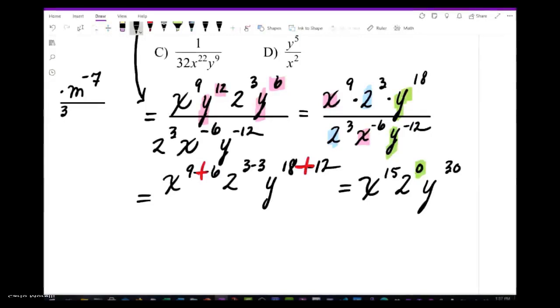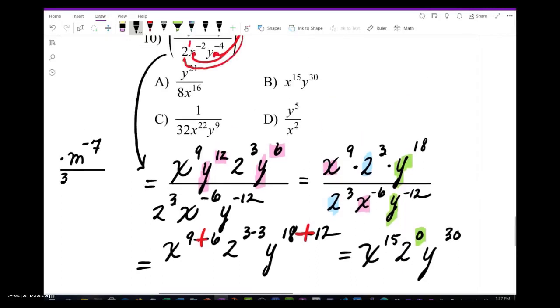Okay, so what happens when you have something raised to the power of 0? You need to write this down. This is called the zero exponent rule. Once you learn it, you won't have to think about it.